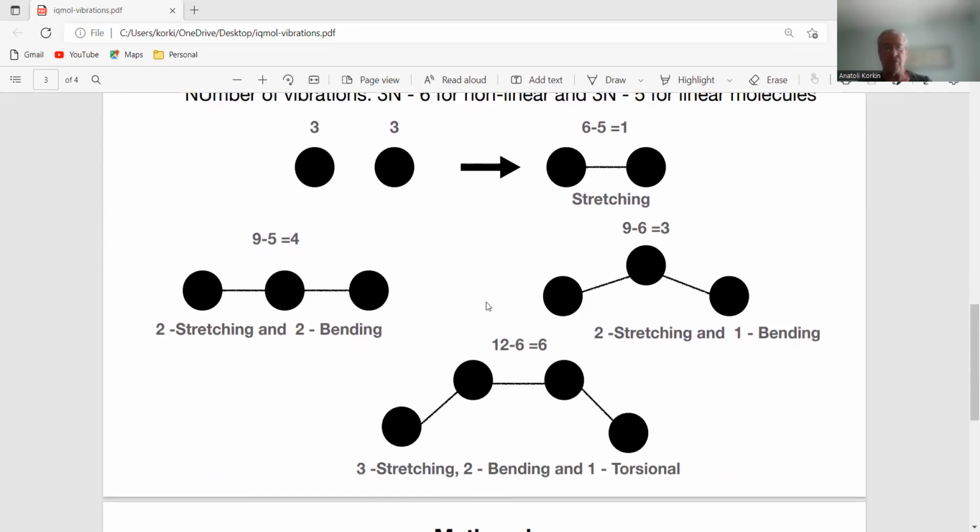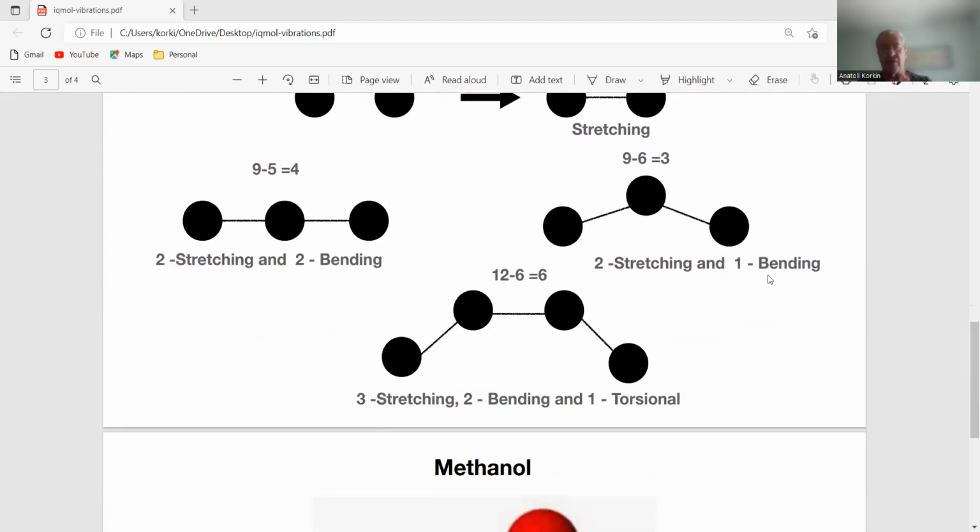So for a 3 atomic molecule, we either have 3 vibrations for linear or 3 vibrations for non-linear molecule.